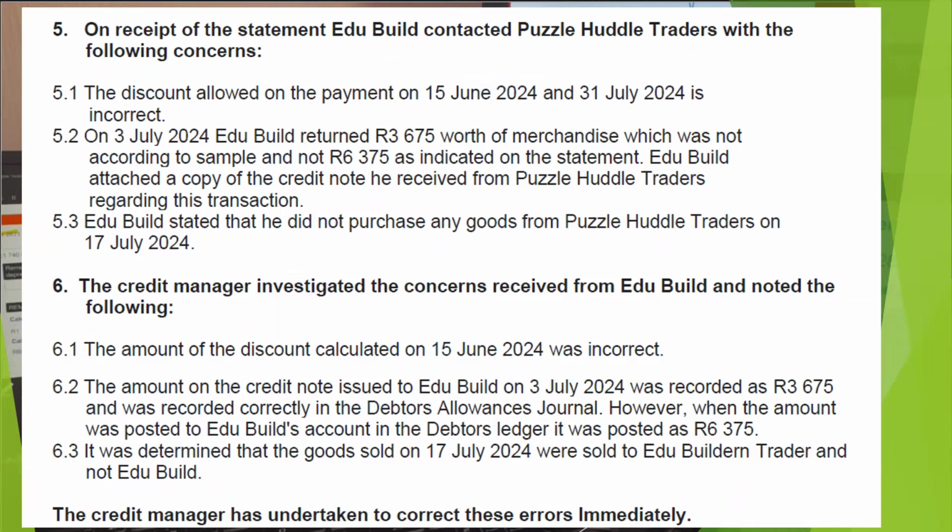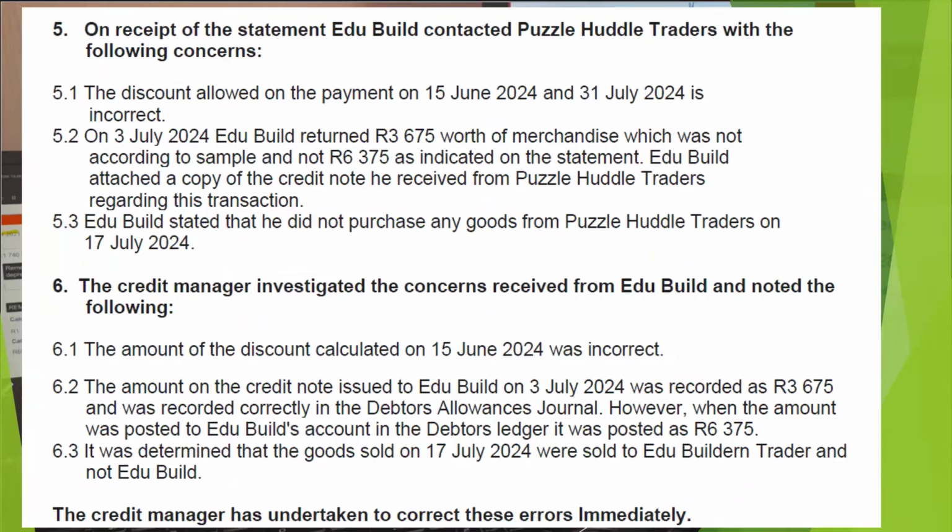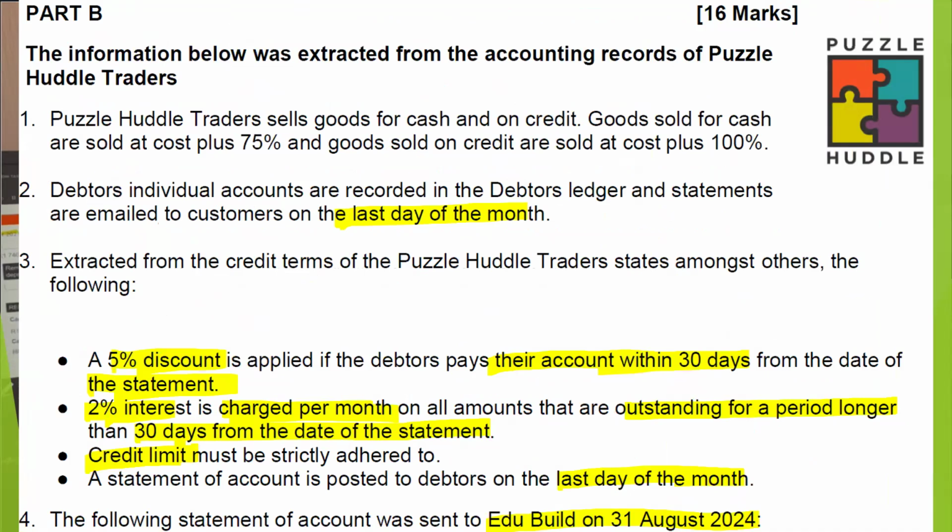The discount allowed on the payments on the 15th 2024 and 31 July 2024 is incorrect, which is what I spoke about, didn't I? This discount here is incorrect. And which one again? And the last one is also incorrect. So those two amounts, where are we going to cancel them?